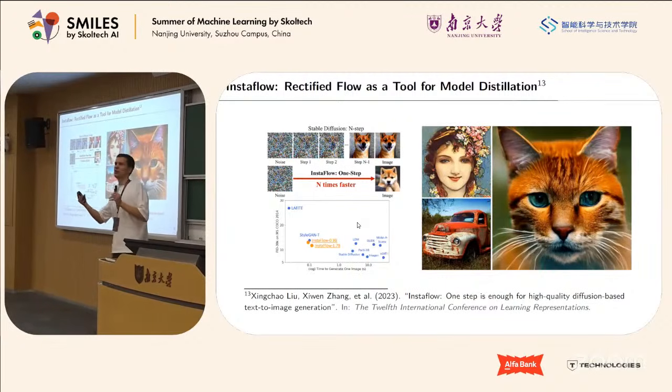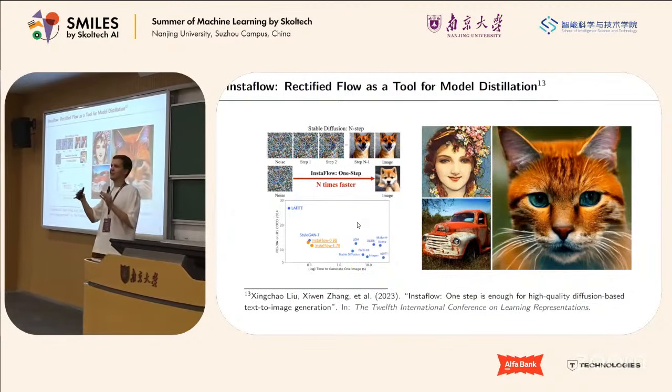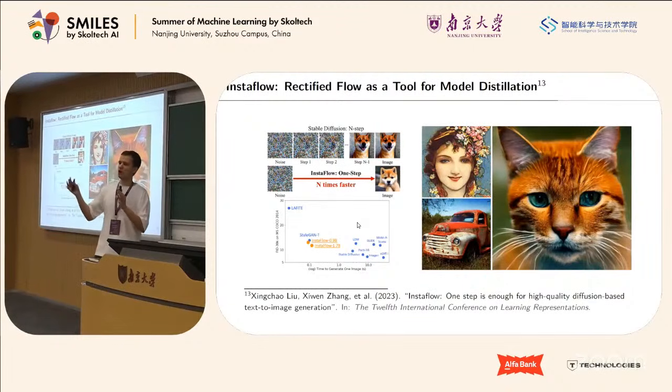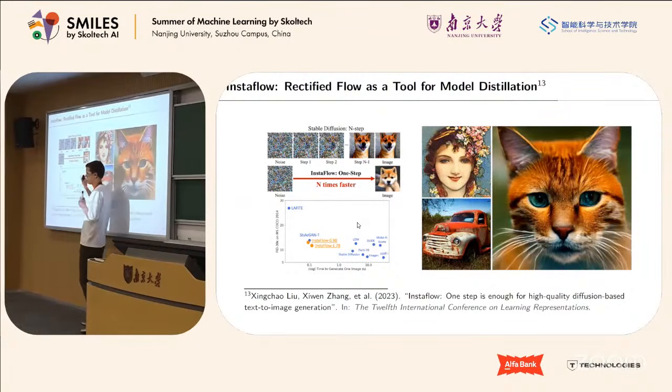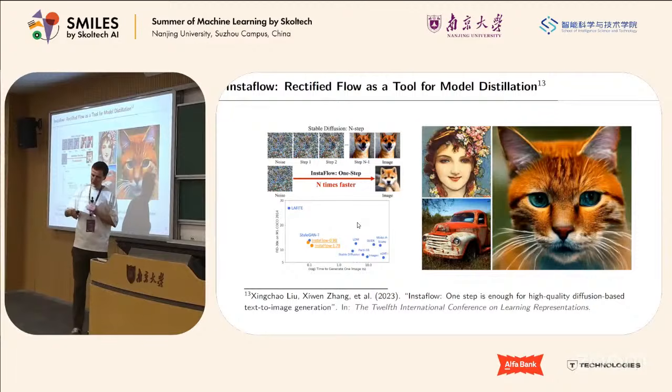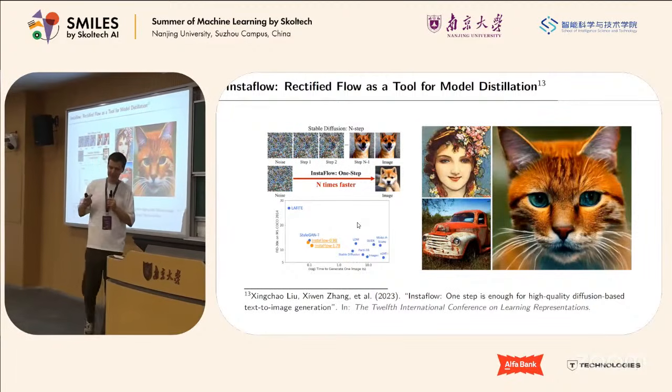What they showed is that you can apply flow matching or rectified flows on top of an already trained diffusion model and make it faster as well. So you can do one-step generation in diffusion models with this technique on top quite easily.